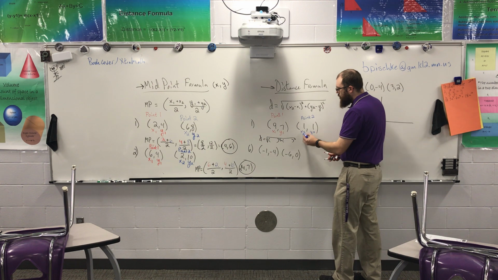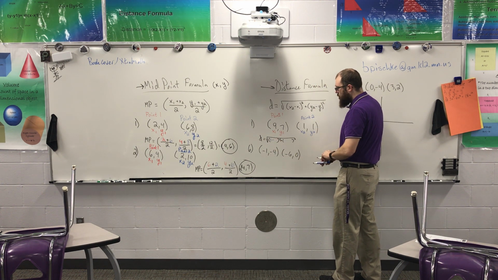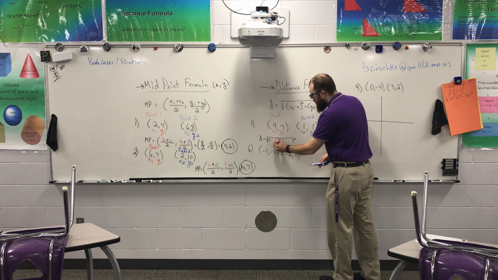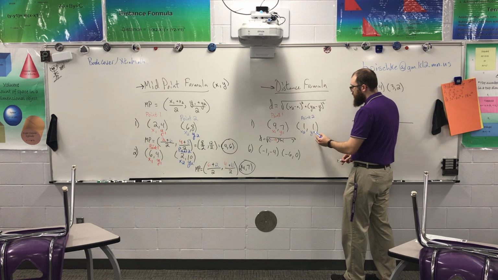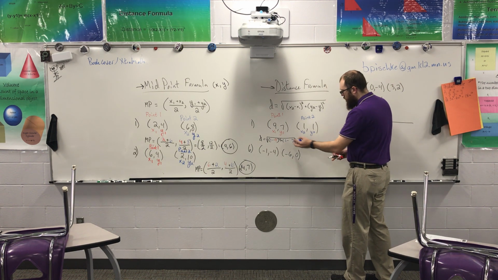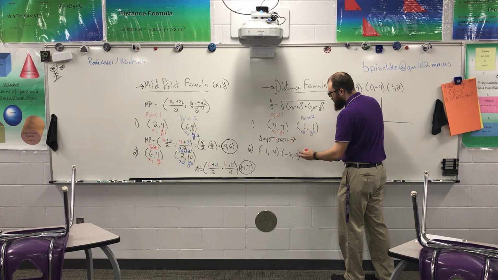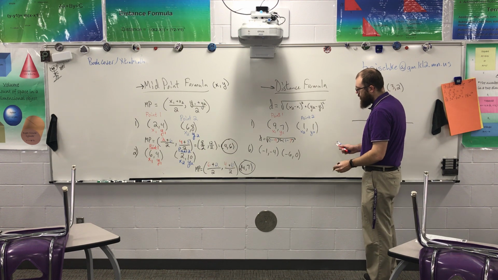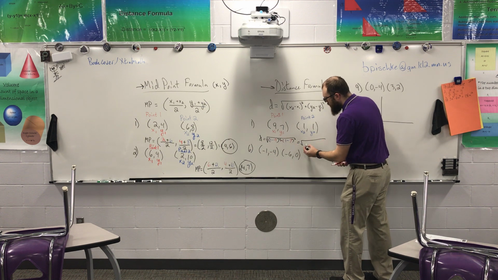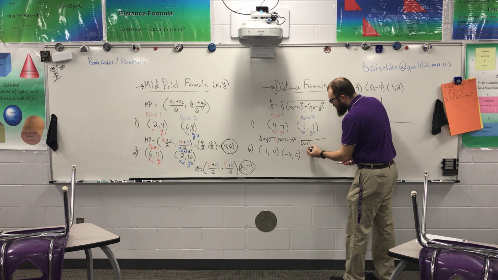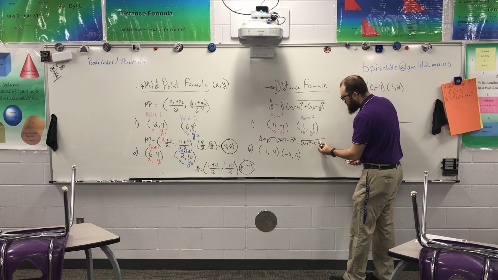So we're going to put our x2 up front, 1, minus x1, 9. And then we do our y2, 1, minus our y1, 7. So that gives me the square root of 1 minus 9, which is negative 8 squared, plus 1 minus 7, which is negative 6 squared.